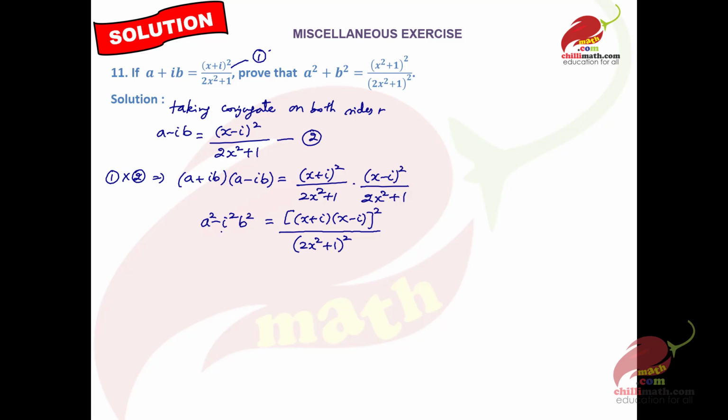Solving this, iota square is minus 1, so the left hand side becomes a square plus b square. On the right hand side, this is a plus b into a minus b, which can be written as a square minus b square, its whole square, over 2x square plus 1 whole square, which in turn gives us x square plus 1, because minus of minus 1 is plus 1, its whole square, over 2x square plus 1 whole square, which is your answer.